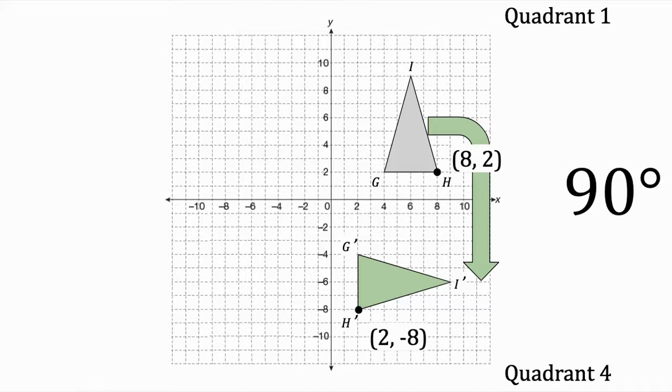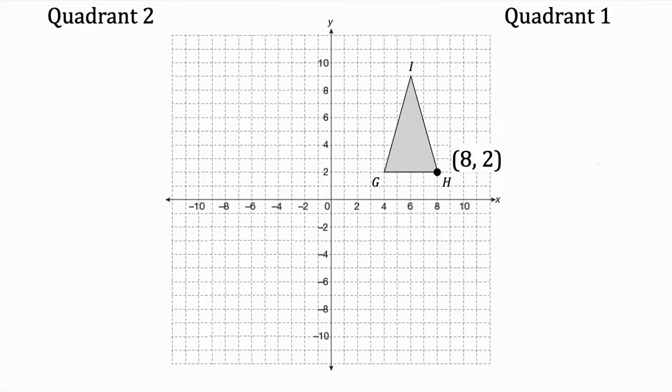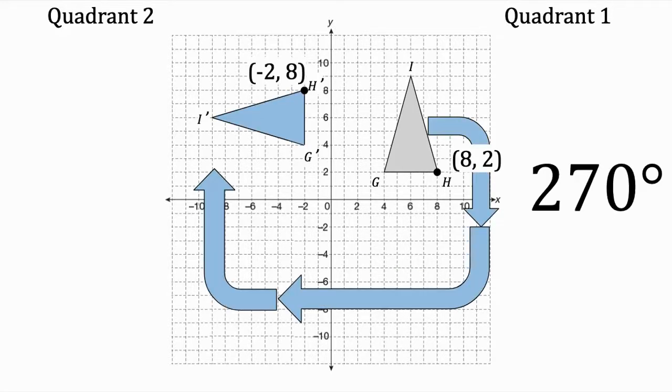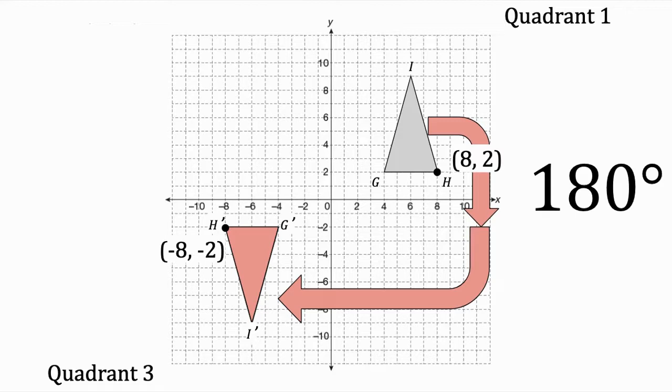When we rotate 270 degrees, Point H prime's coordinates are -2 for x and +8 for y. This means that in general, when we rotate 90 degrees or 270 degrees clockwise, the coordinate values switch. When we rotate 180 degrees, Point H prime's coordinates are -8 for x and -2 for y, so the values stay the same.